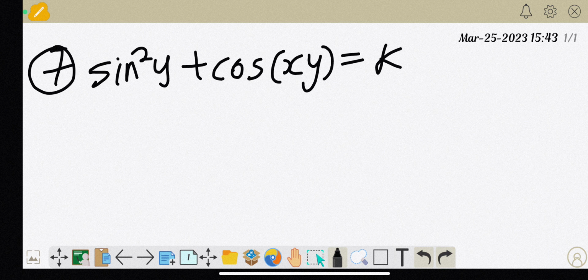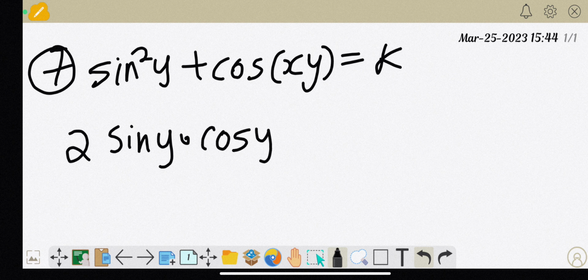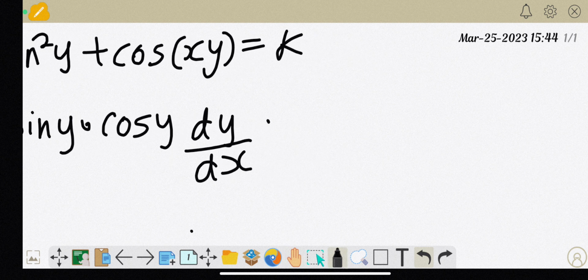Okay, let's solve it. So 2 sin y into cos y, correct? Then dy by dx. Here cos y's differentiation is minus sin xy, correct?